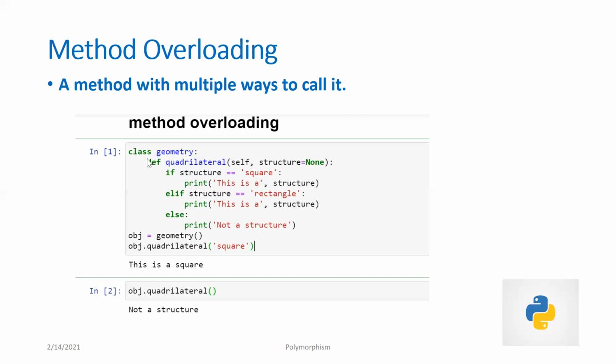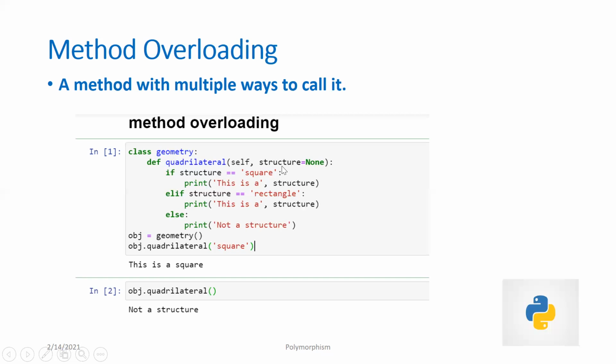Here, I create a class Geometry, and under this class, I create a function named quadrilateral, and inside quadrilateral, I pass an argument called structure. But here, I did not mention what the value of that structure will be. I assign structure equals None.